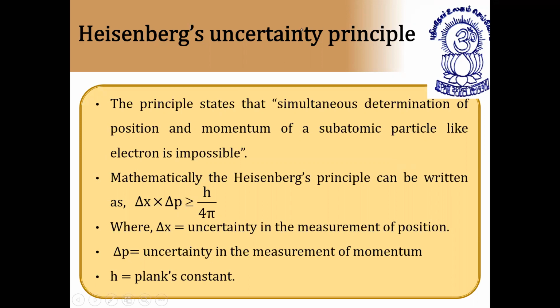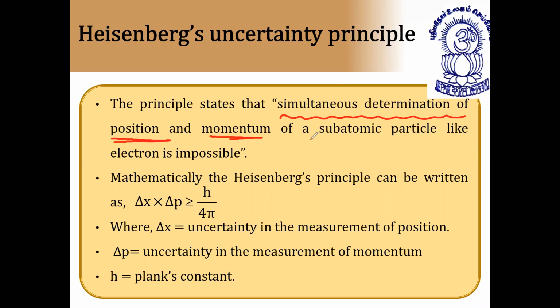The simultaneous determination of position and momentum, you have to underline here. Position is represented by delta x, that is change in position, and delta p is momentum. So the simultaneous determination of position and momentum of a subatomic particle like an electron is impossible in an orbit.